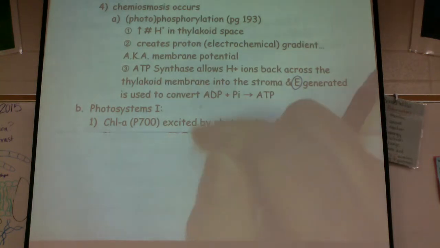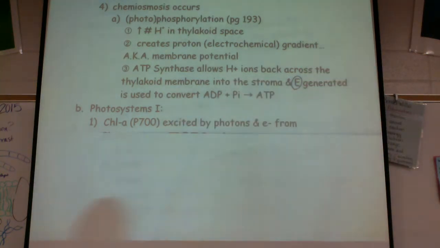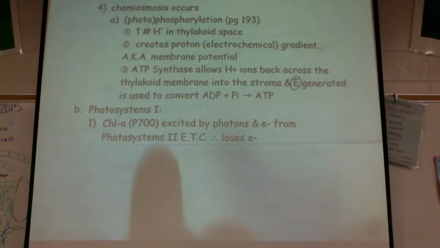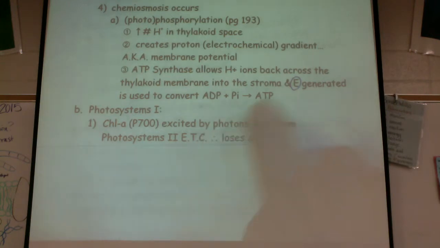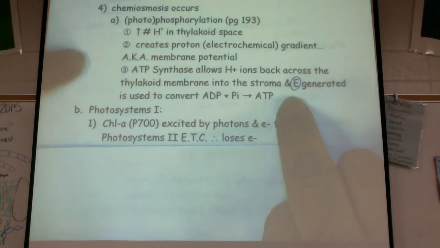In photosystem 1, you get chlorophyll A P700 this time, getting excited just like before. It's getting excited by light and electrons from the photosystem 2 electron transport chain. Okay? So you're getting ATP made, but you still got some electrons running around free. That's not good.